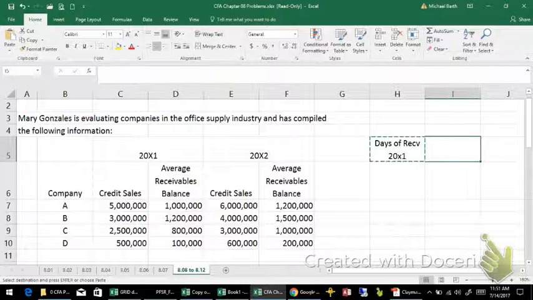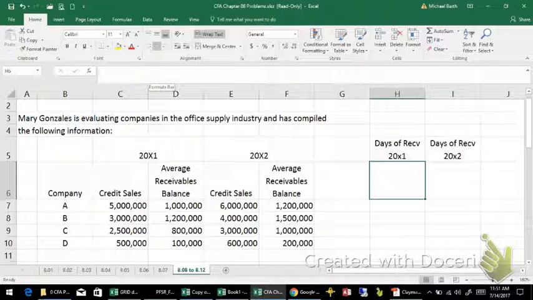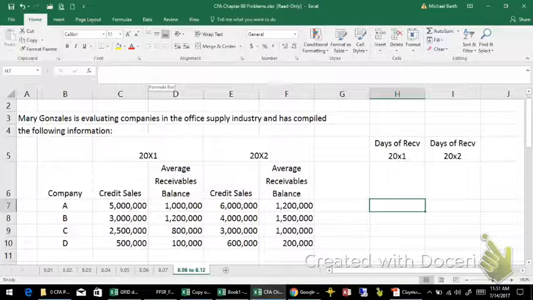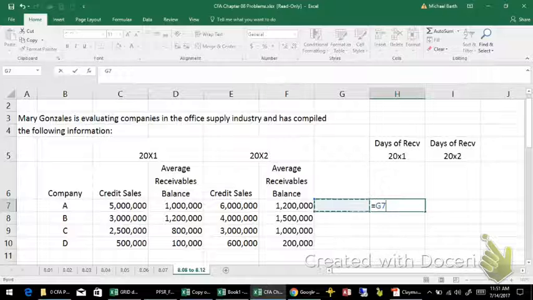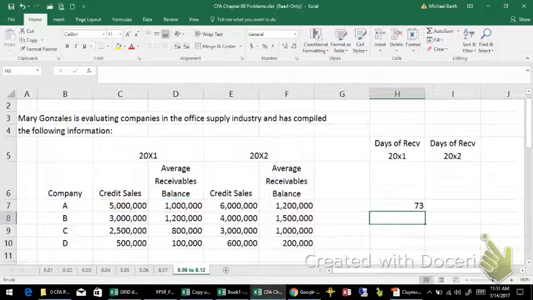I'll just go ahead and do it for the next year too, as long as I've got this up here. So the days of receivables would be the receivables balance divided by one day's sales. So 73 for that company.